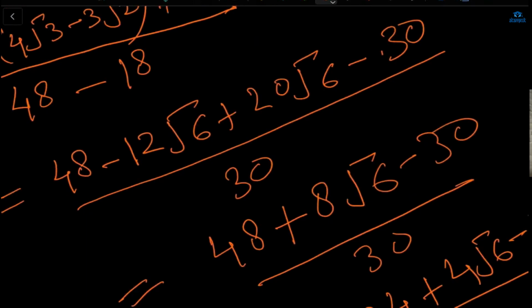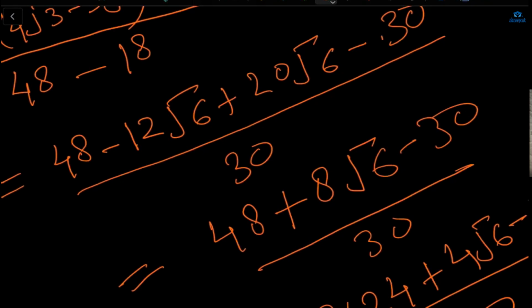Only see, it's written here as minus 12 root 6, and plus 20 root 6, everybody. So root 6 both sides. We are going to add, since the minus sign is with 12 and plus 20 is the bigger value, the final answer will contain a plus sign, but you are going to subtract the values. So the answer will be 8 root 6, subtracting 12 from 20. So 48 plus 8 root 6 minus 30, all by 30.